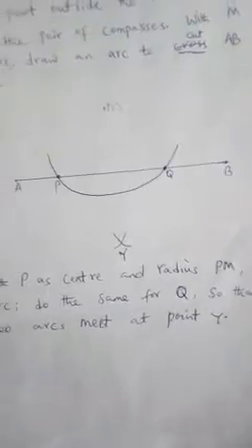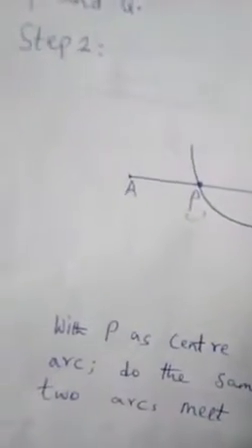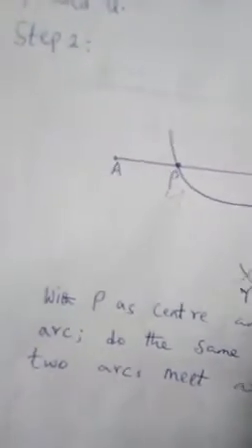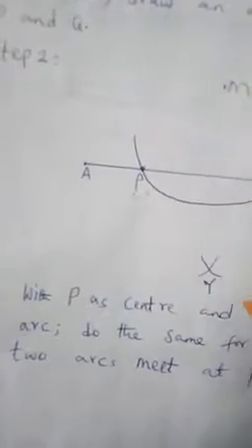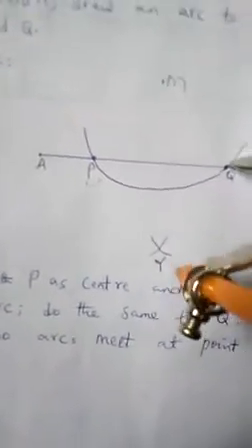Do the same for Q. Okay, with your point P here, you draw an arc here. Then at your point Q also, you draw another one to cut here, and you give it the name Y.